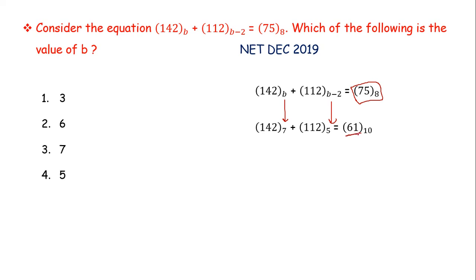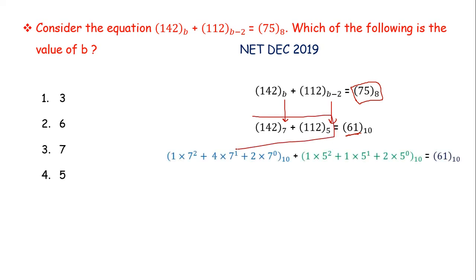Now all we have to do is convert the left hand side into decimal form. Use the same process. We will get 111 on the left hand side and we already have 61 on our right hand side. Now again both values are not the same. So b equals 7 is also not our correct answer.